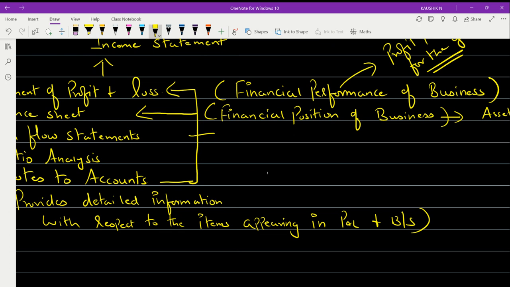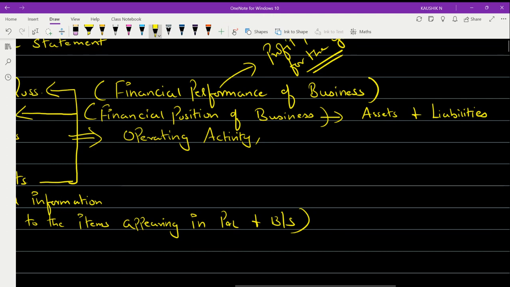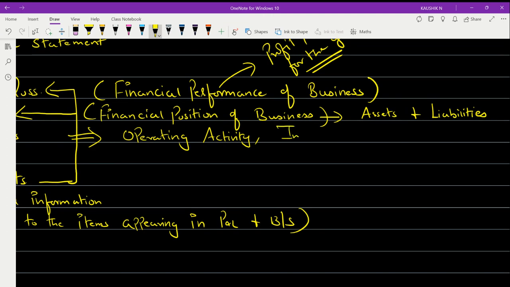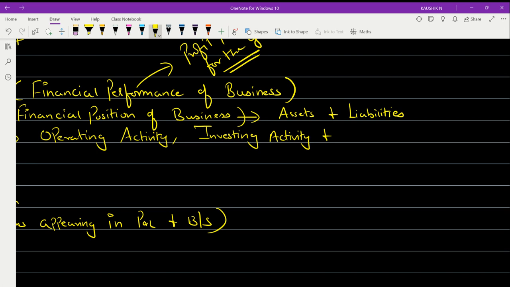In this chapter, cash flow statement, we will be learning three important activities, namely operating activity, the second activity is investing activity, and finally the third activity is financing activity.